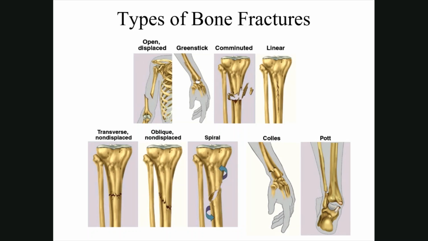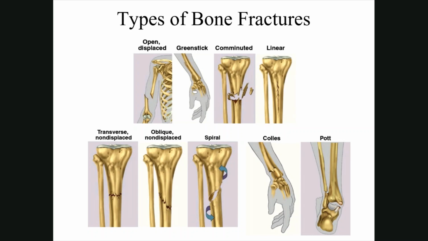This is a good one to see, greenstick. Greenstick is, as you would expect, like a green stick you're trying to bend, but it doesn't bend. Maybe the edge, the circumferential lamella, might just pop out like that. And that's usually seen in children, because they haven't quite got strong bones yet, so you can bend it a little bit.